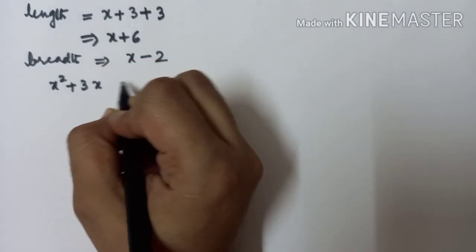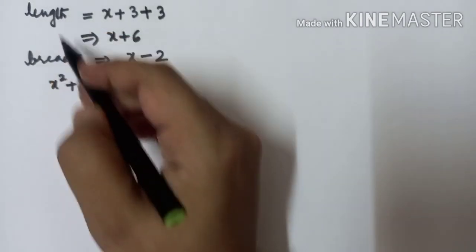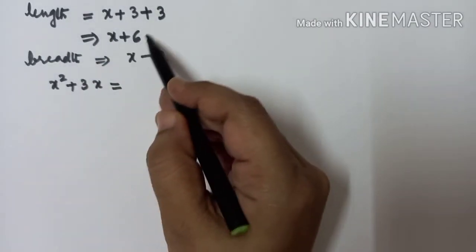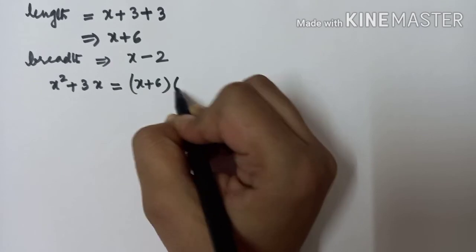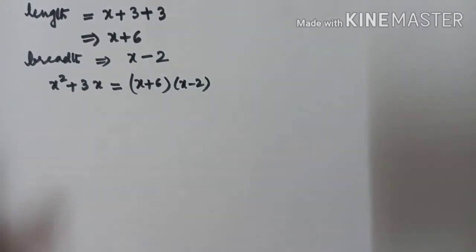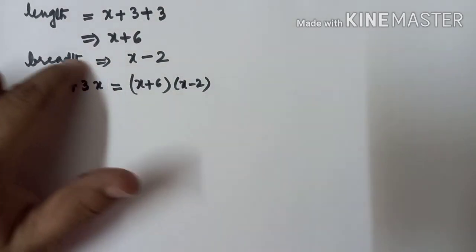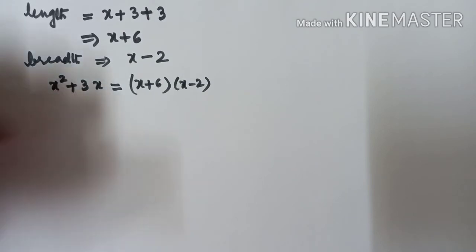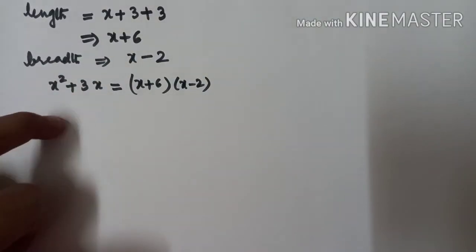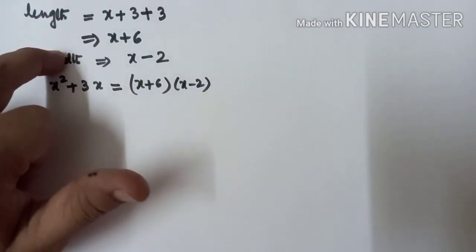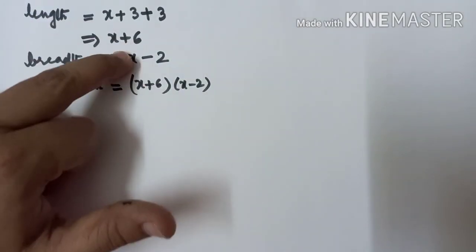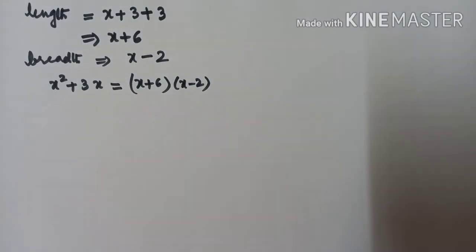So x square plus 3x equals L into B, length into breadth, that is x plus 6 into x minus 2.